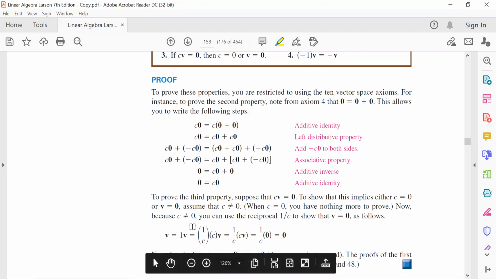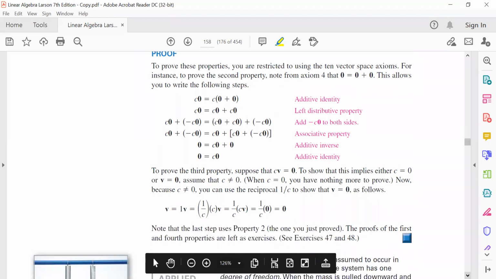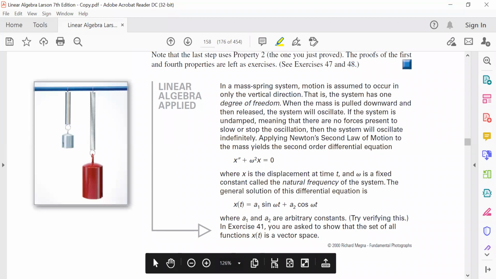That's equal to 1 over C times C times V. But CV we know is 0, so it's 1 over C times 0, which is 0. So we've shown in these long steps that vector V is equal to 0. Okay, lovely. And we can go through all the proofs. I'll let you do that next time, but you should definitely do that.